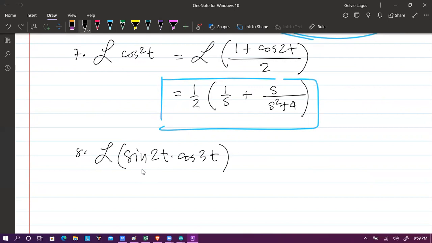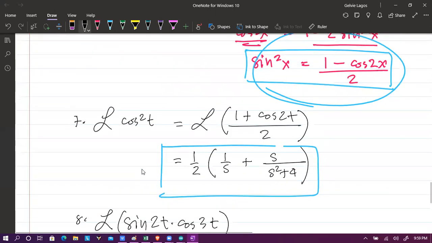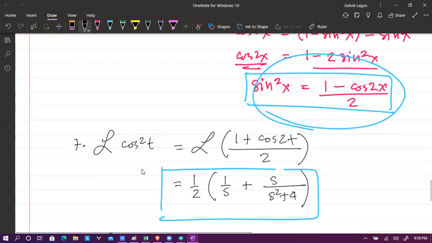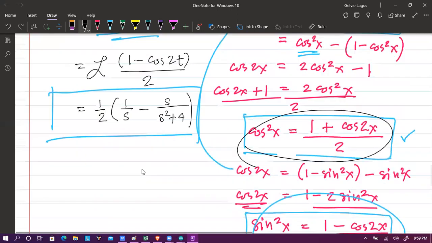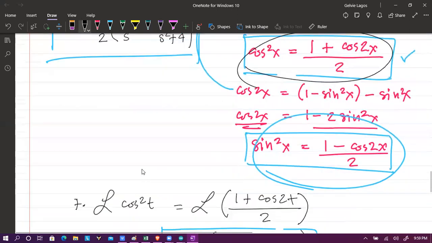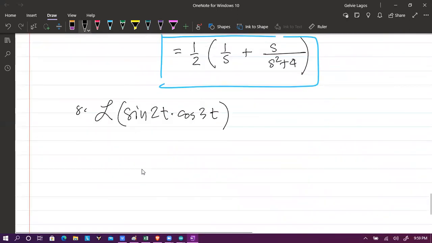If you can see, you cannot use the previous identities, like this one, to solve for the number 8 problem. But we will derive another identity for this. Okay, now let's start the derivation.